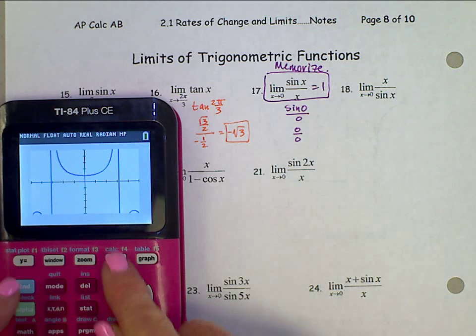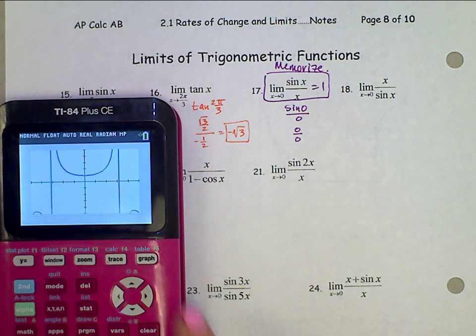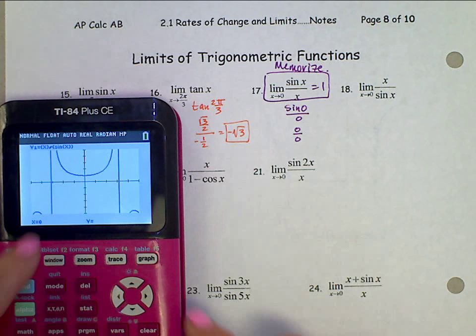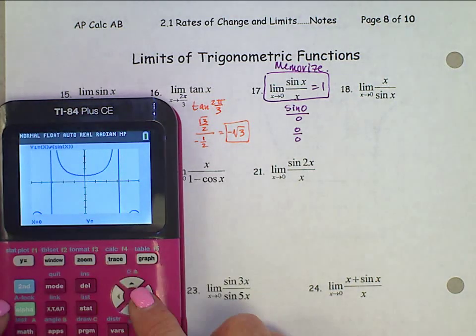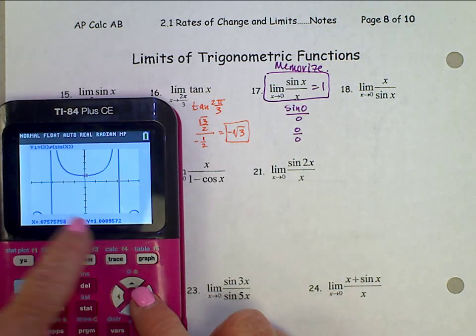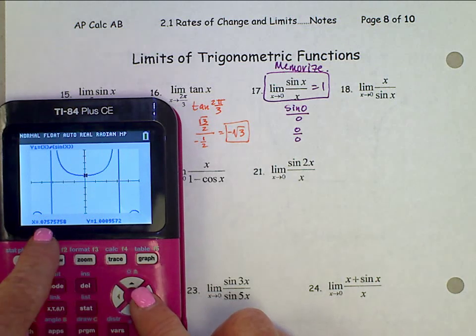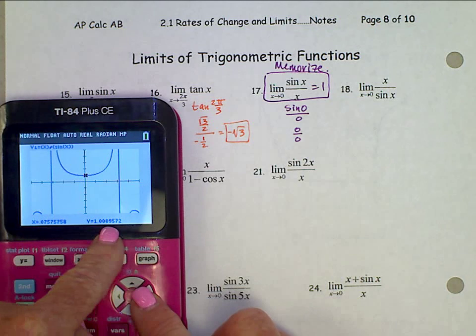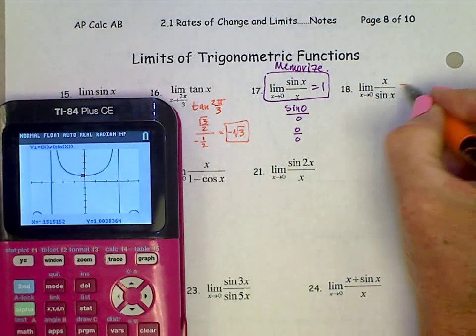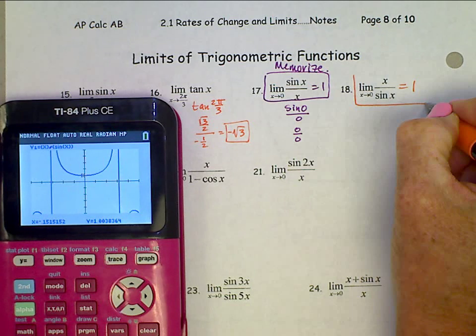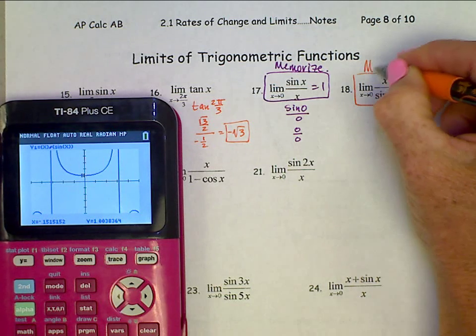Let's check. Yeah, nothing there at x is 0, which we know already. Oops, forgot to hit trace. Hit trace and follow along. And oh yeah, definitely, when x is 0.07, y is 1.000. So absolutely that limit is 1. And you need to memorize that one as well.